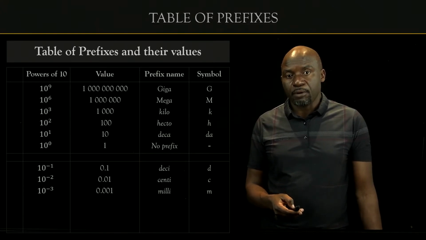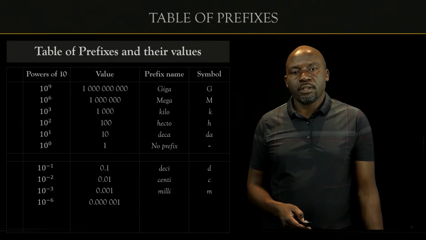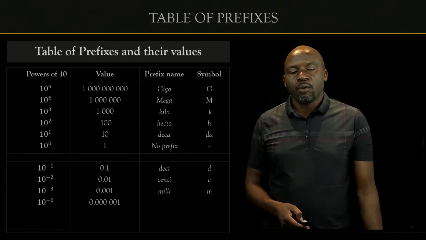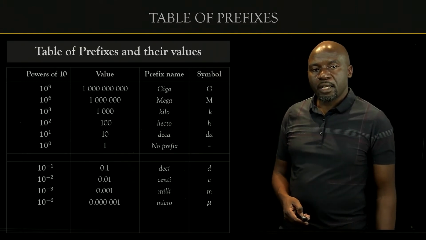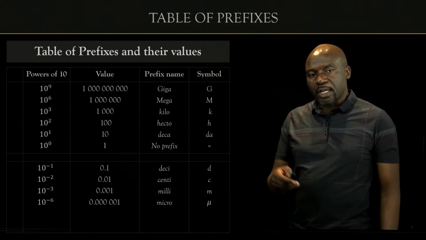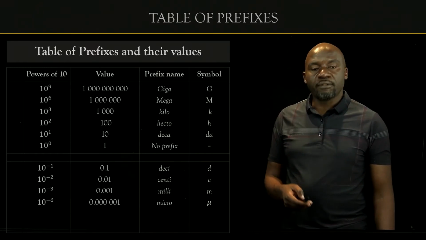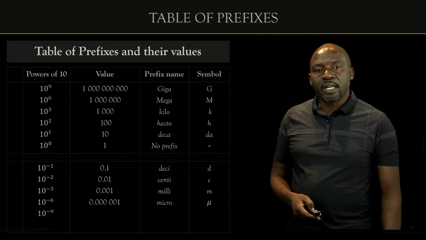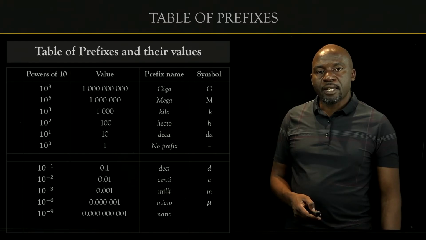use them just anyhow. 10 to the power of negative 6 is 0.000001, which is called the micro, and the symbol is the Greek letter mu. So that letter there refers to mu as in the Greek alphabet. Next is 10 power negative 9, which is the same as nano.